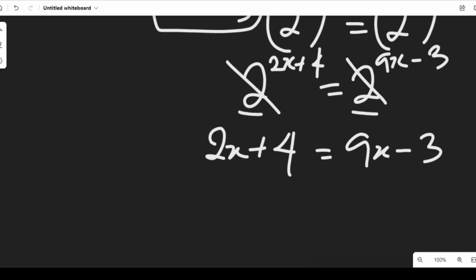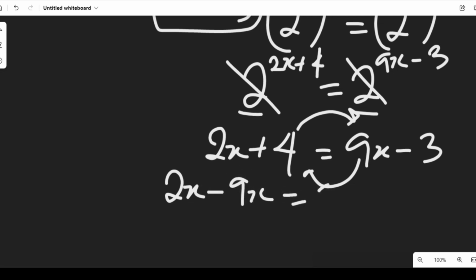So in these terms, you have to collect like terms. We'll have 2x, positive 9 comes over here, positive 4 goes over there. Positive 9 comes over to give us negative 9, and that will be equal to minus 3 minus 4.